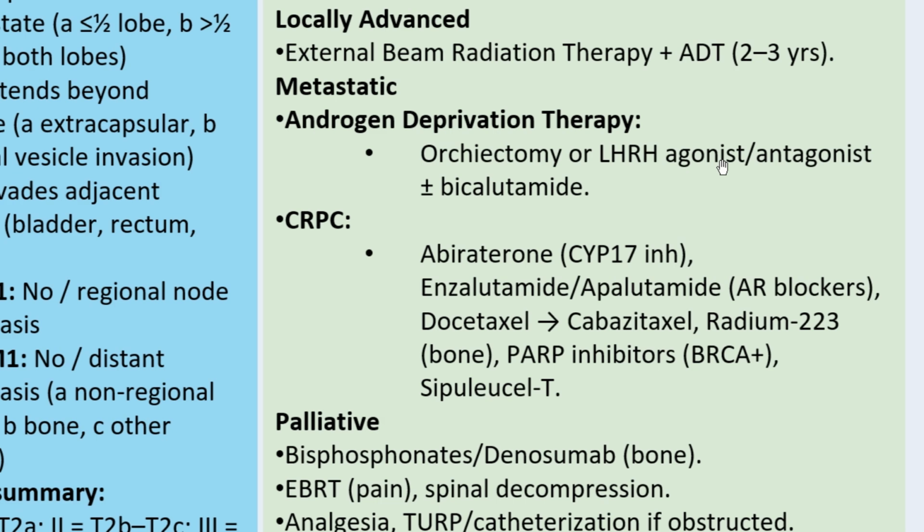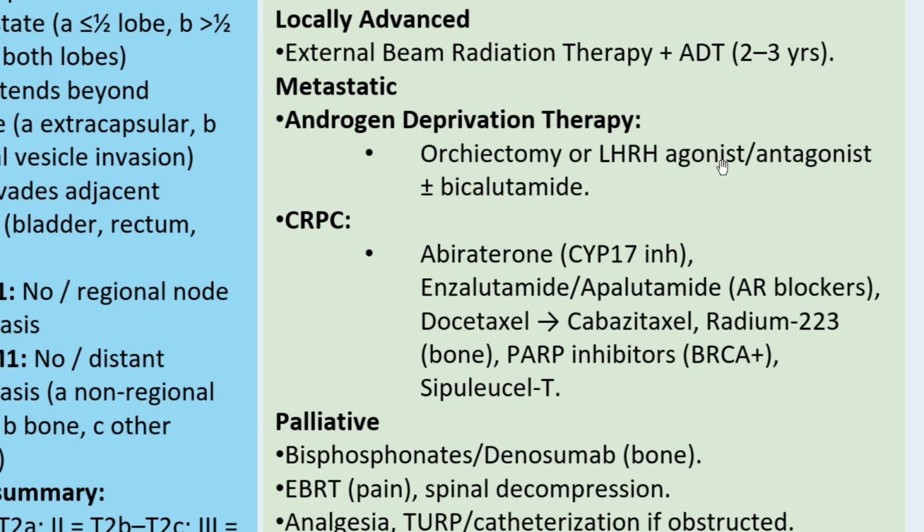So luteinizing hormone most of the time is produced in a pulsatile manner. So when you give an agonist and the pulsatility dies, we're going to have issues with the production of luteinizing hormone, which actually acts on the testicles to increase production of testosterone. So that way we are stopping it. Then the antagonist is going to just antagonize the production of luteinizing hormone.